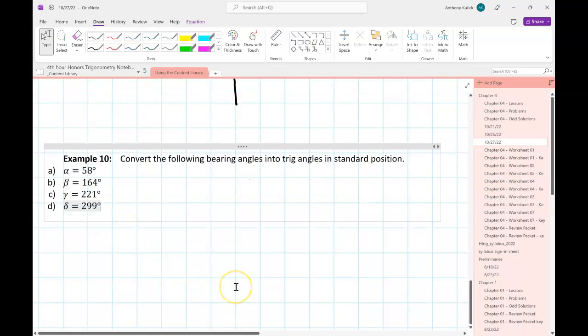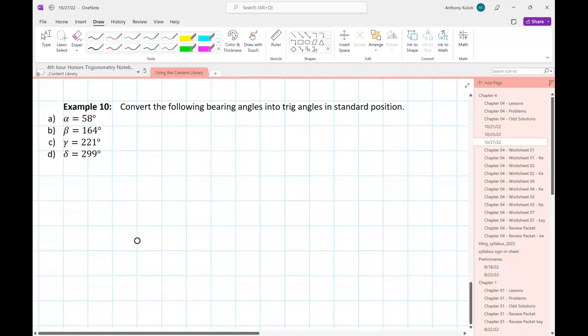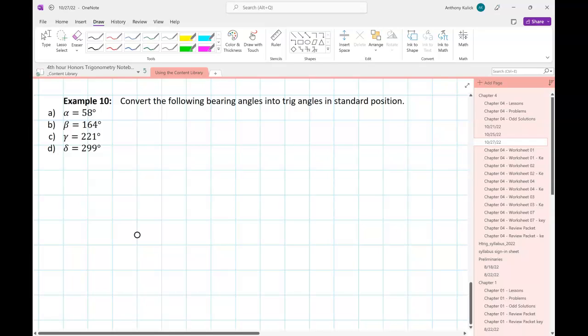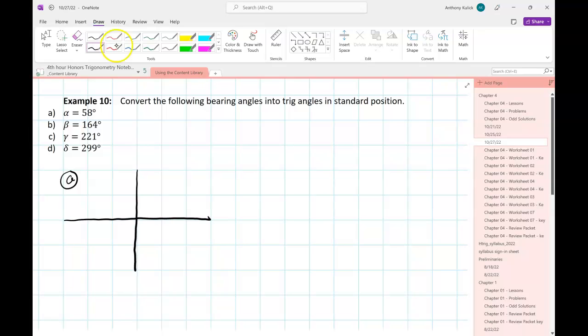So let's take these bearings and convert them into standard position angles. For 58 degrees, again, we're starting at due north, and we're rotating clockwise. What quadrant am I going to end up in?